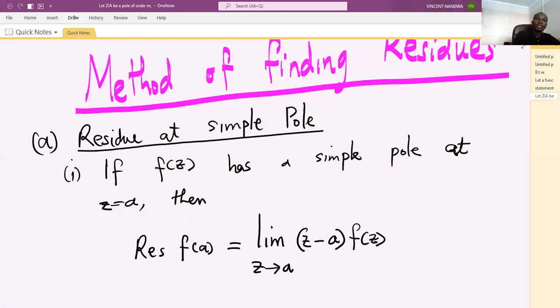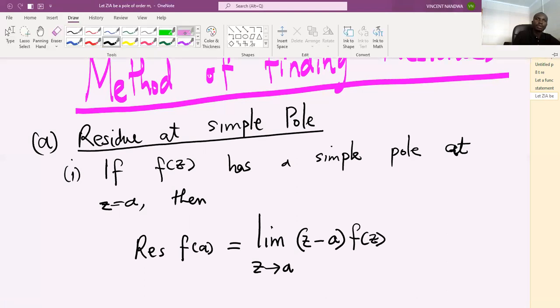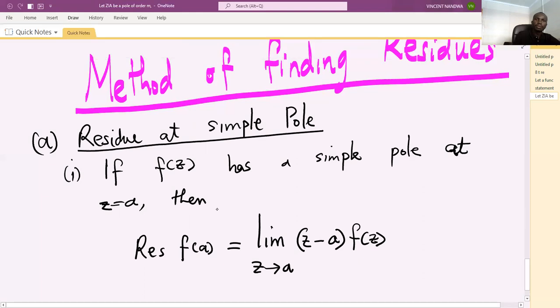So that's how we find residue of a simple pole z equals a.